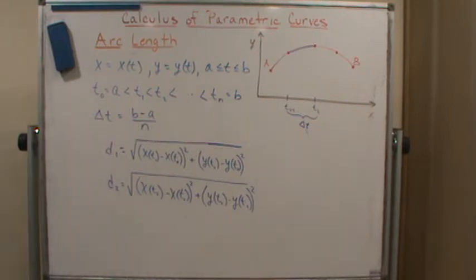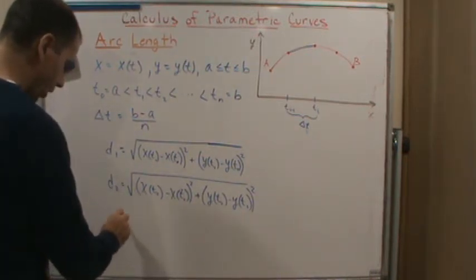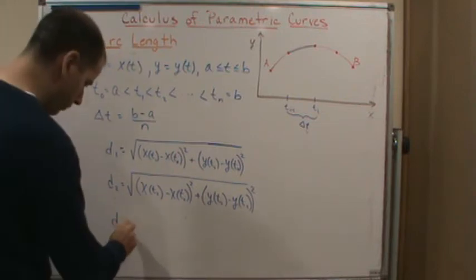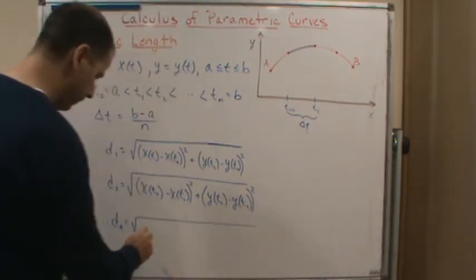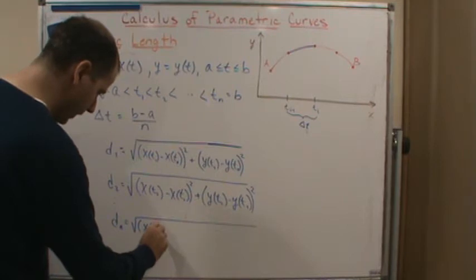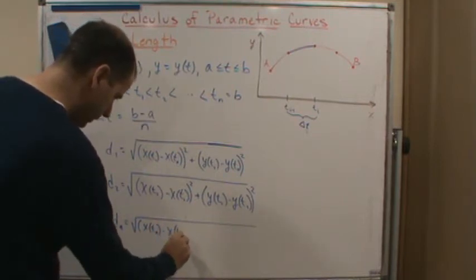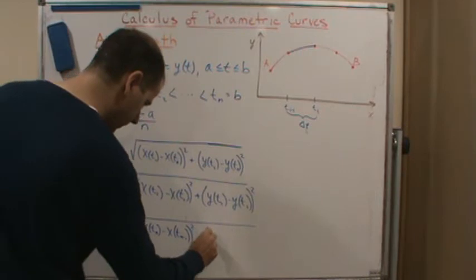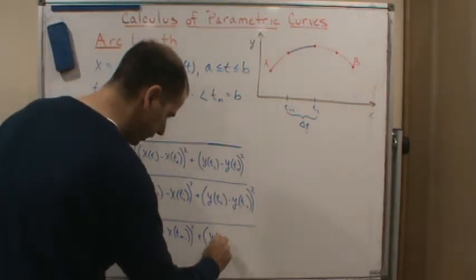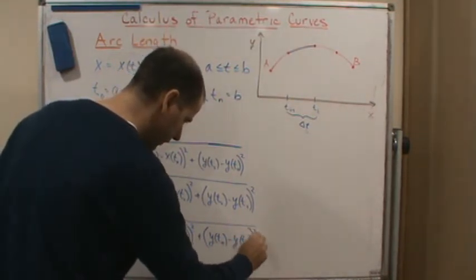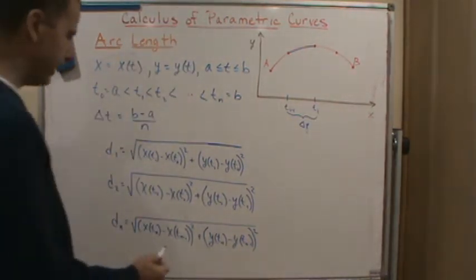If I wanted an estimate of S, the arc length, we keep doing this till d sub n, which would be x of t sub n minus x of t sub n minus 1, quantity squared, plus y of t sub n minus y of t sub n minus 1, quantity squared.